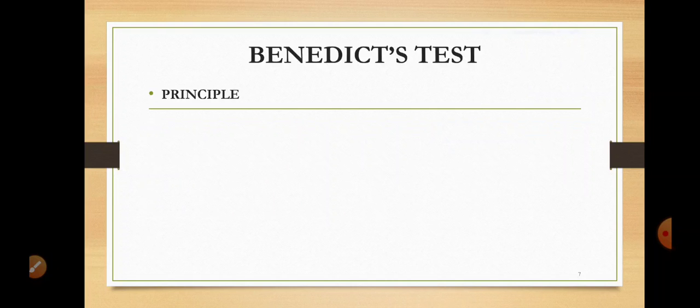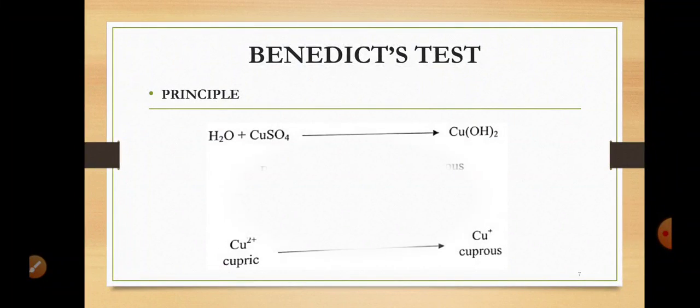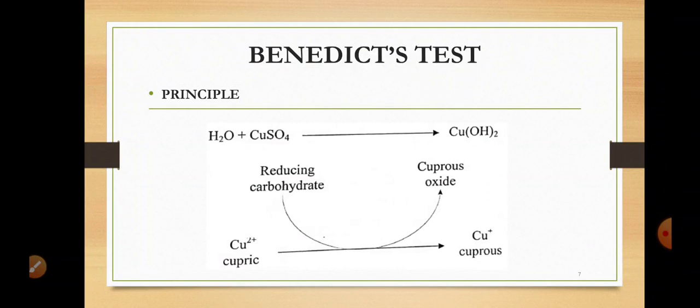Let us see the Benedict's solution which is used for the qualitative test. What does it contain? It contains sodium citrate, sodium carbonate and copper sulfate. These are the main three chemicals used to prepare Benedict's reagent. Let us see the principle. Here you can see a reaction where water plus copper sulfate undergo a reaction and copper hydroxide is produced.